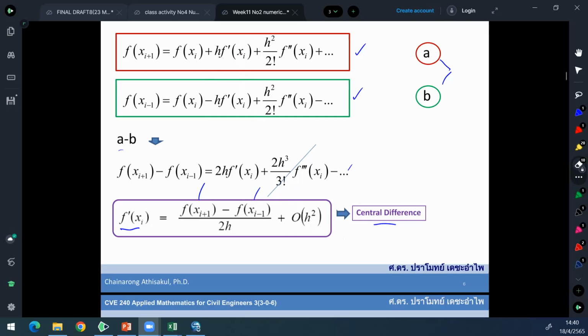For the case of round off error and truncation error, actually, I have an example that I already created, the table that I just showed you.